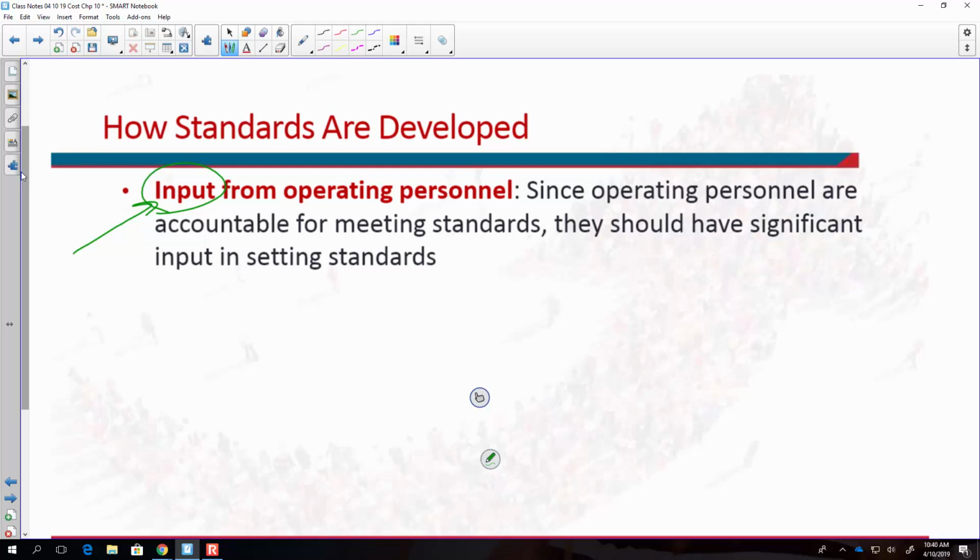We need their input and their buy-in. Otherwise, to make changes would be almost impossible. So you have to be tactful, you have to be a people person. So here again are those soft skills that many employers are looking for, right? From you guys as cost personnel.